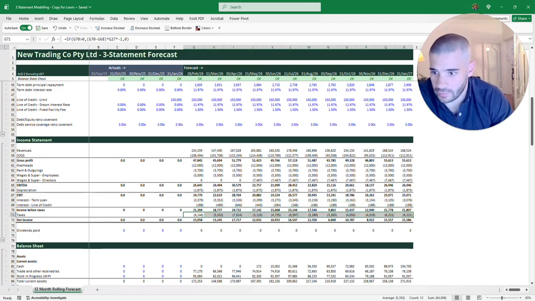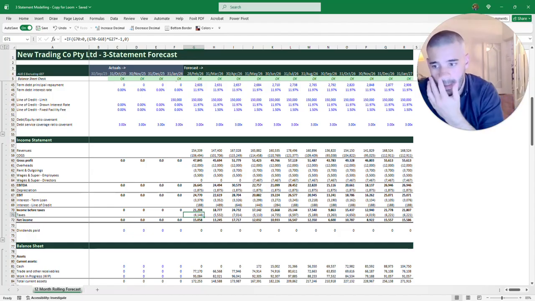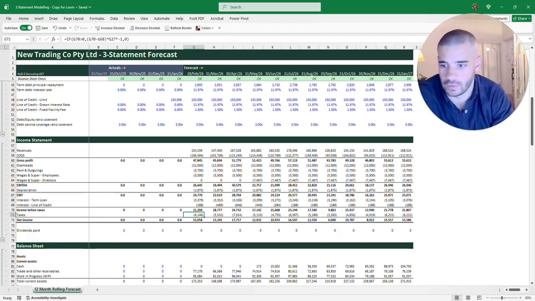Then comes out tax, and that gets us down to net income. This is an interesting one because the tax in this case is actually levied before we pay this interest on the term loan, because that term loan is actually held off balance sheet by another entity, which is then essentially lending in. That's a complication for another reason, but we won't go into that in this video.